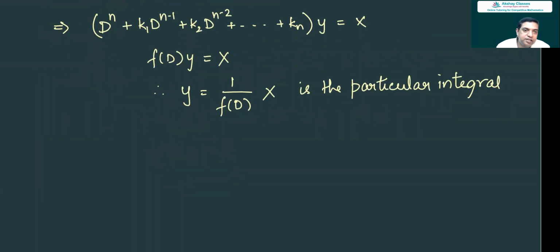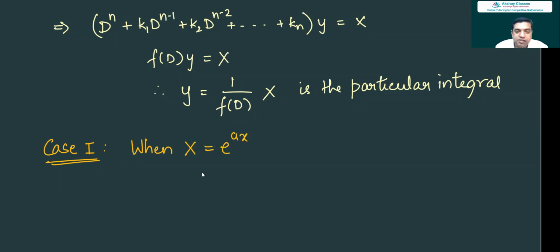Now we will do cases of different types of functions. Actually, it is not easy for any arbitrary function x. So when x is equal to e power ax, finding the particular integral.